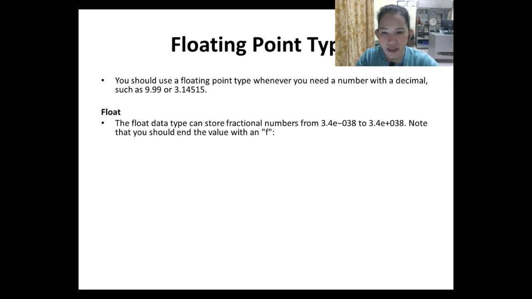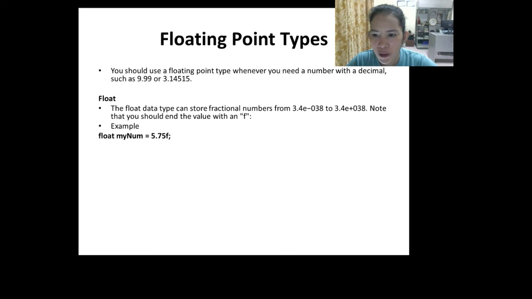Note that you should end the value with an F. Example, float myNum = 5.75f. Take note that the value 5.75 is a number with the decimal 0.75, so that's why we have to declare it as float. Then we have println(myNum).